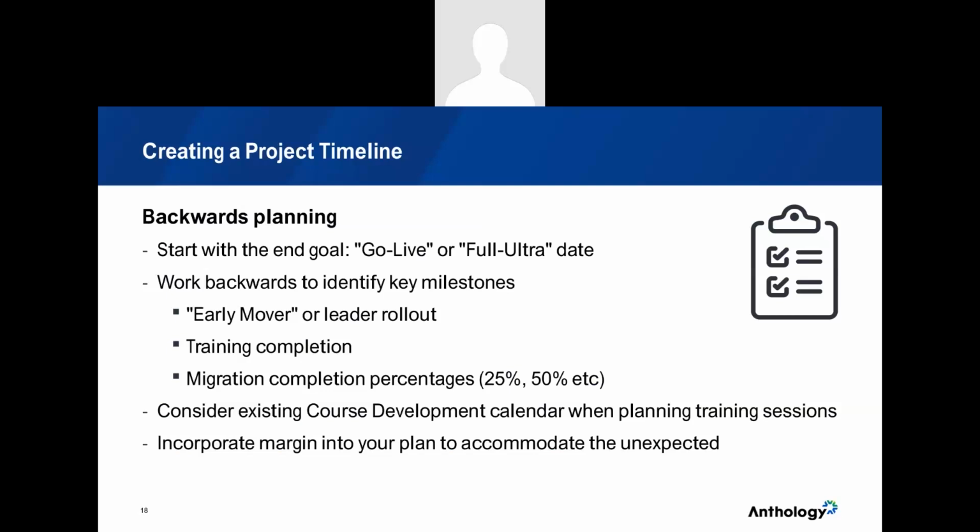And then you want to make sure that you provide training and support to those faculty, as well as target some percentages or number of courses or number of faculty, something that is measurable. We would strongly encourage you to identify something that is measurable as different milestones throughout your plan.